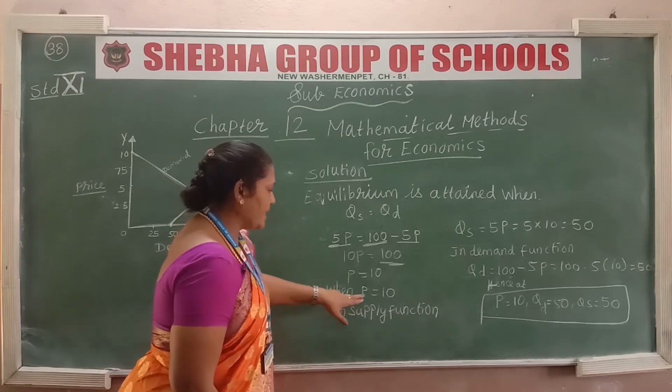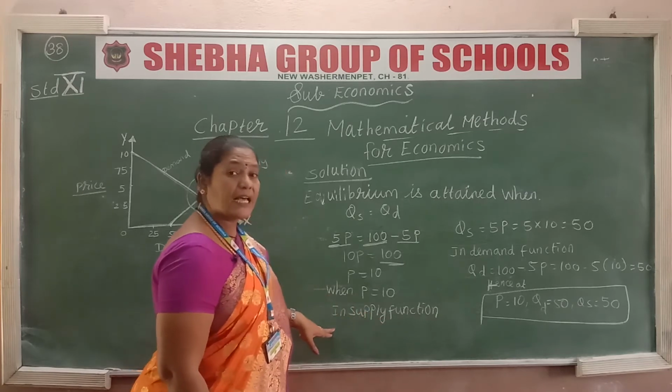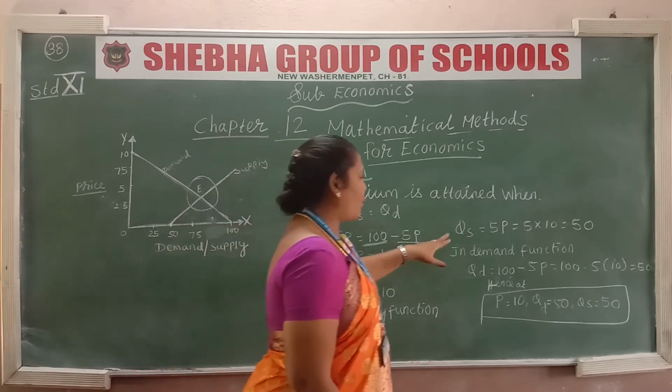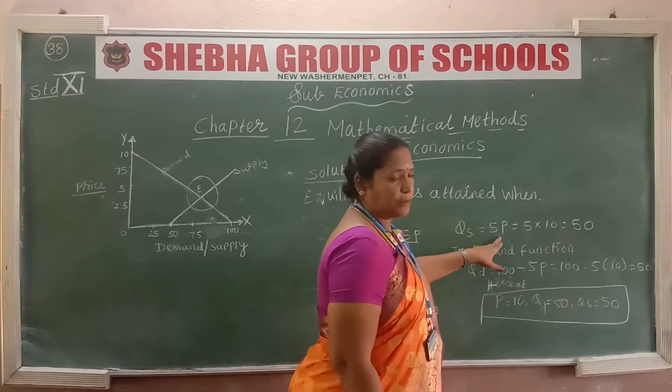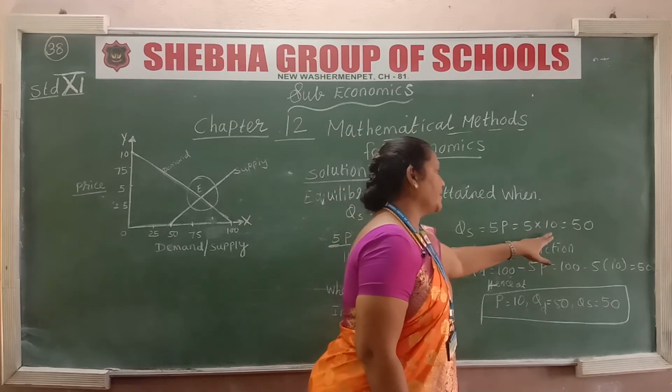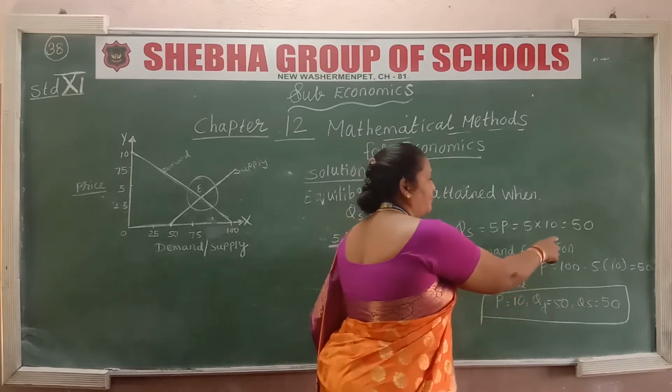So when price is equal to 10, what will come in the supply function? Quantity supply is equal to 5p, that means 5 into 10. If you multiply 5 into 10, what will be the answer? 50.